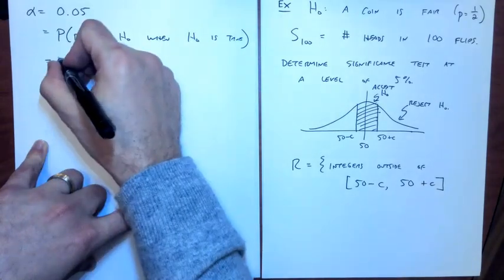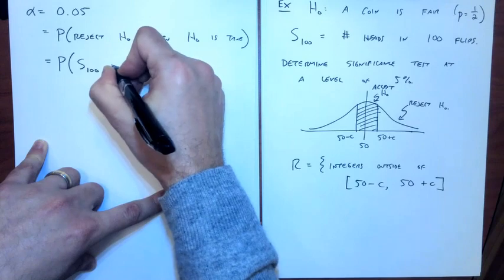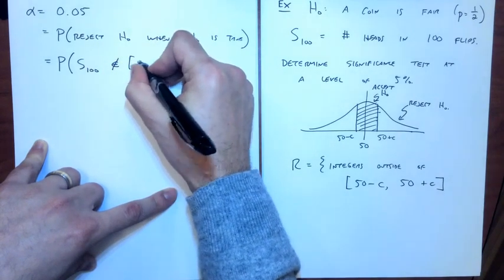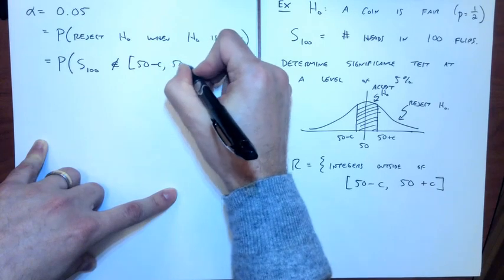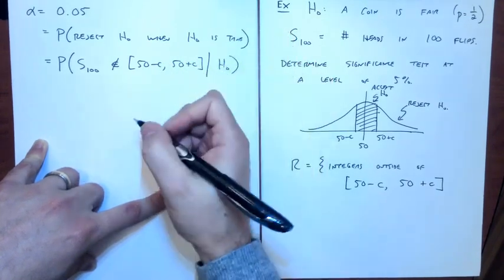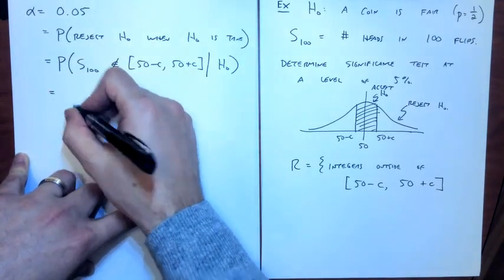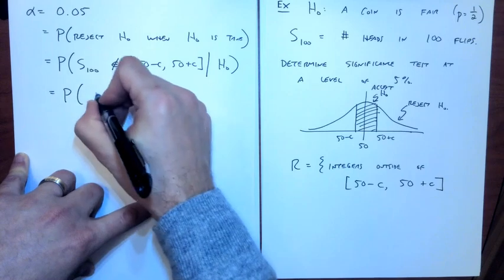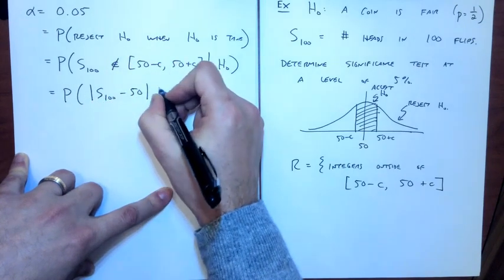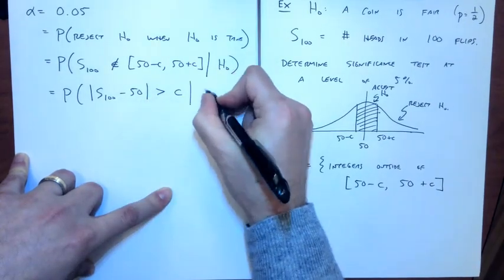Mathematically, that's like saying, what's the probability that this sum is not in this region, 50 plus or minus C, given that H0 is true? That's like saying the probability that my sum is further away than 50 by the number C.